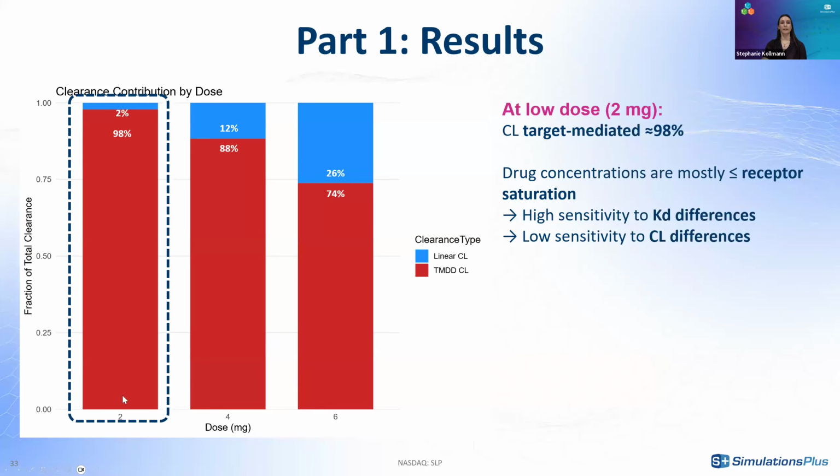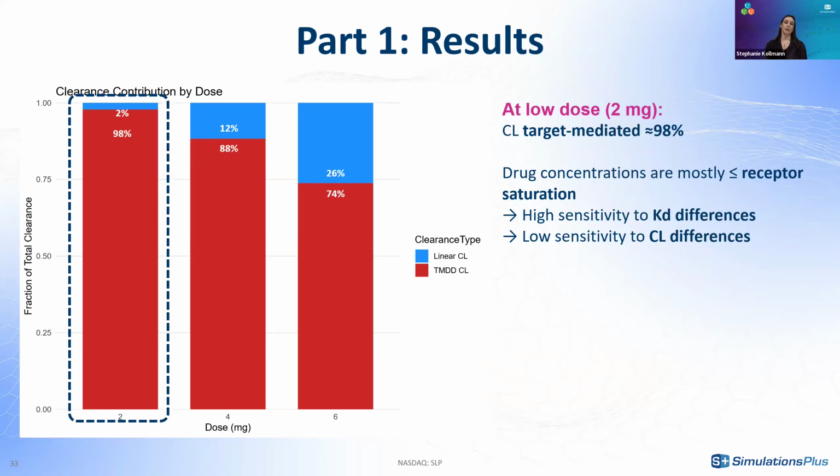So at 2 milligram, almost the entire clearance is target-mediated, around 89% of total clearance. So in this region, the drug concentration is well below the saturation point of receptors. So at low doses, the system is highly sensitive to KD differences, but relatively insensitive to changes in systemic clearance.